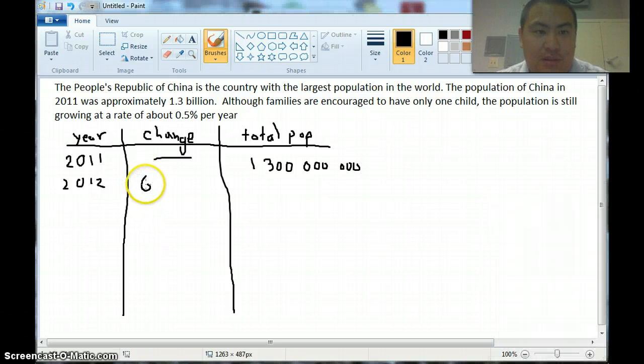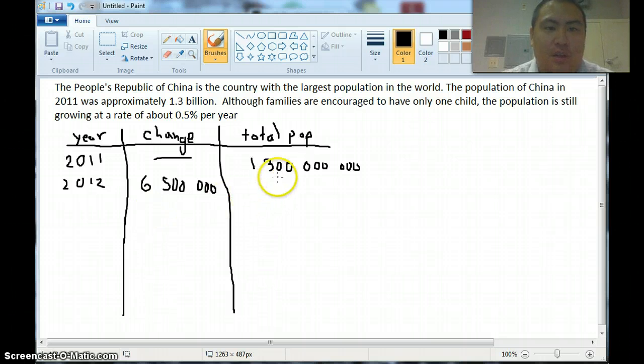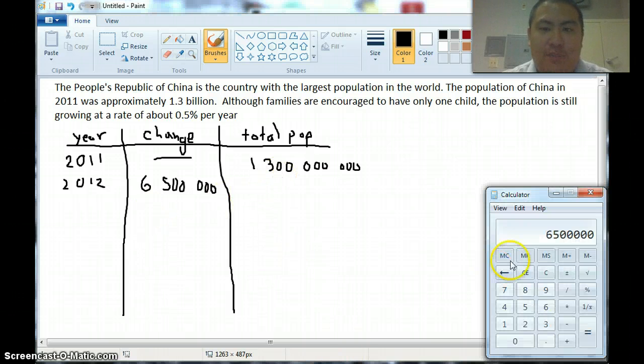6,500,000. Okay, alright, so that sounds right. Alright, 6,500,000. Okay, so that's our change, right? Now, we have to add that on top of the total population.